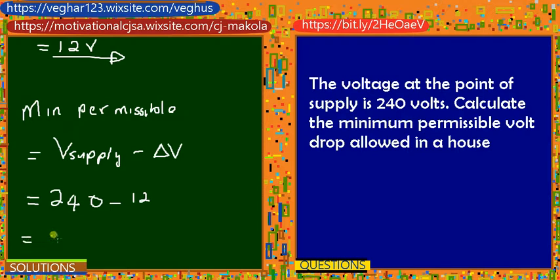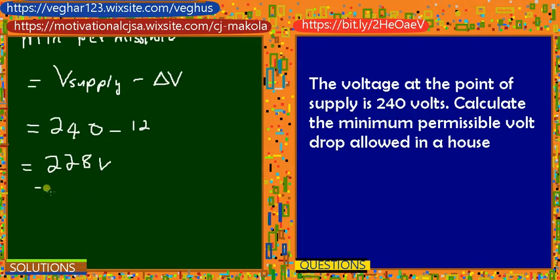So we find that it is 228 volts. So the allowable voltage that a conductor must have at the output or at the terminal when we use it is 228 on a 240 volt supply.